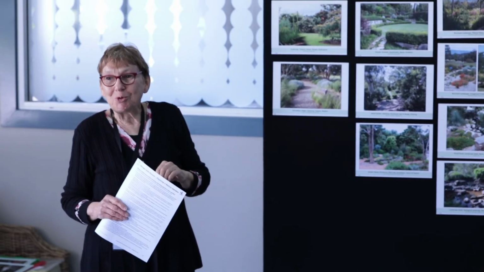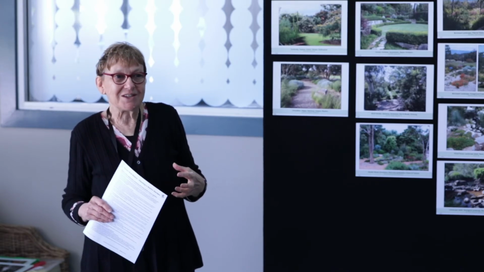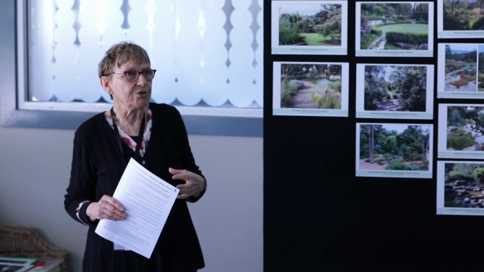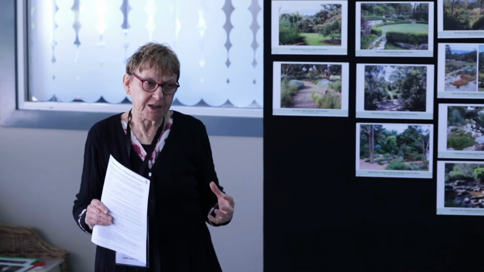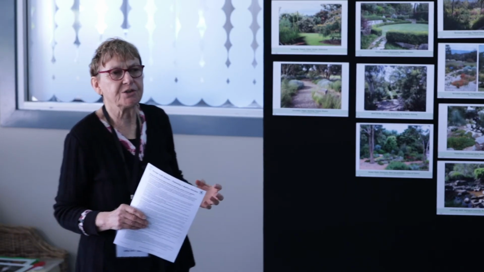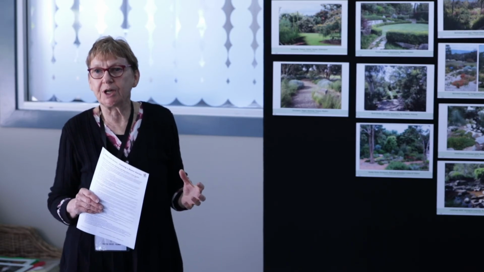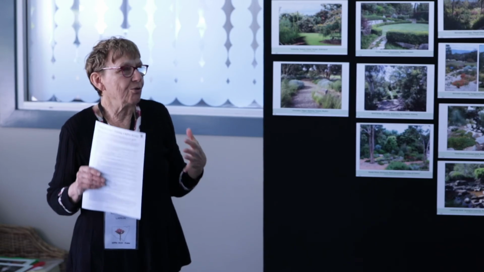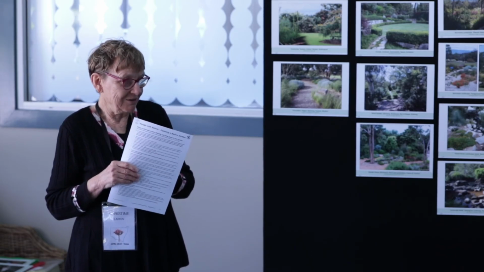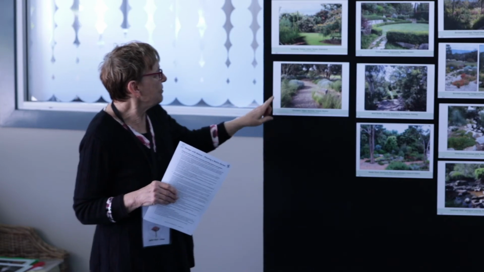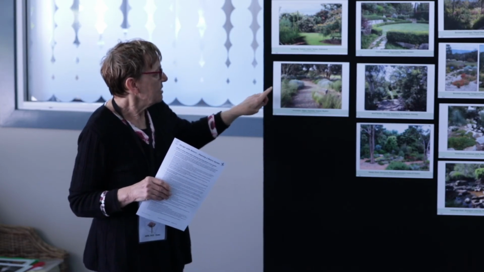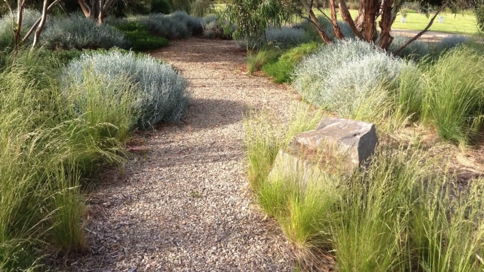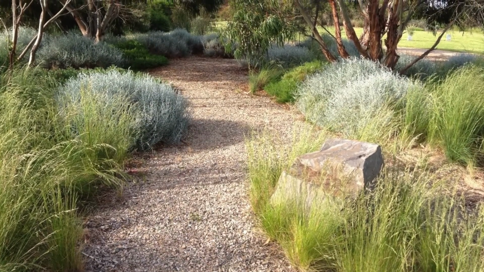It means you can get more plants in it, but with a stroll garden, it also means that you have that feeling of being in a garden. You don't have the feeling of being in a garden when you've got a border garden. You have a feeling of viewing a garden, but not being enclosed in that garden. So when you look at something like this, you are in that garden space.